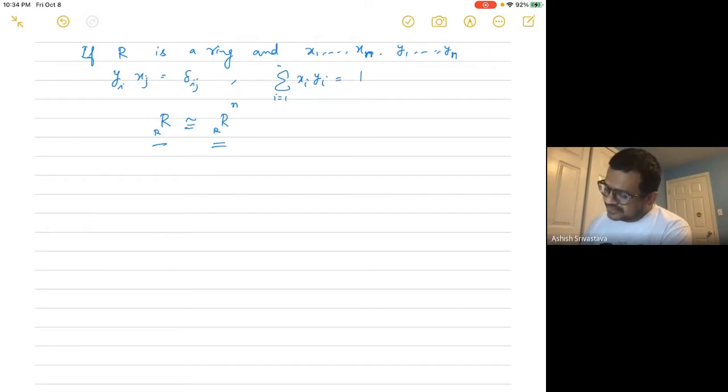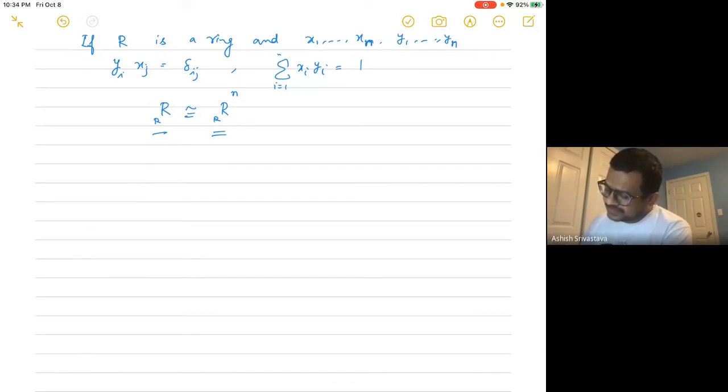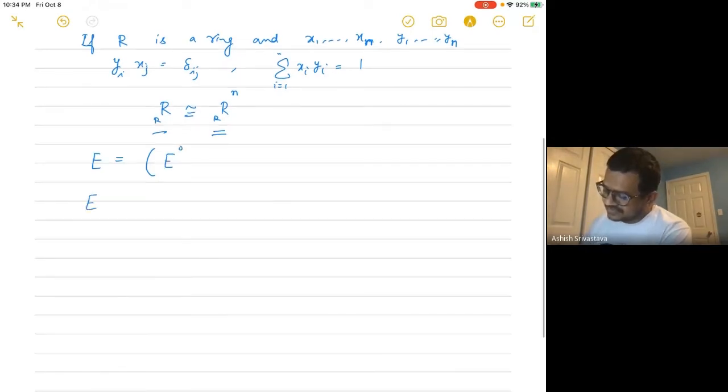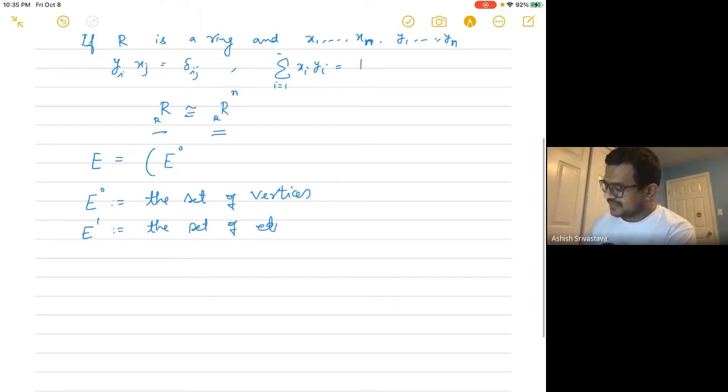So a bit of terminology here. So when I say E is a directed graph, I am giving the following data. So directed graph means I'll have some vertices, okay? So E naught will be the set of vertices, and then I'll use E1 for the set of edges, right?